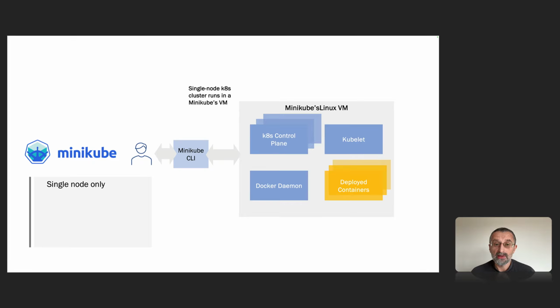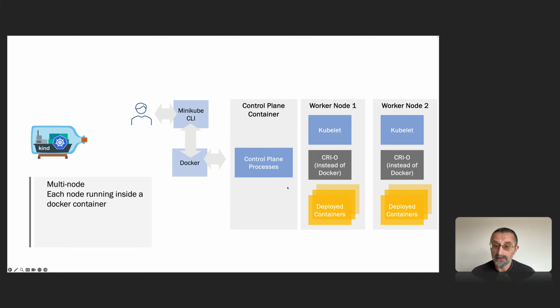So this is a single node Kubernetes which runs in the Minikube virtual machine. If you run Minikube on Linux, you can deploy Kubernetes directly on the OS. The kubelet uses Docker to run the containers, so you need to have a Docker daemon running in the background.